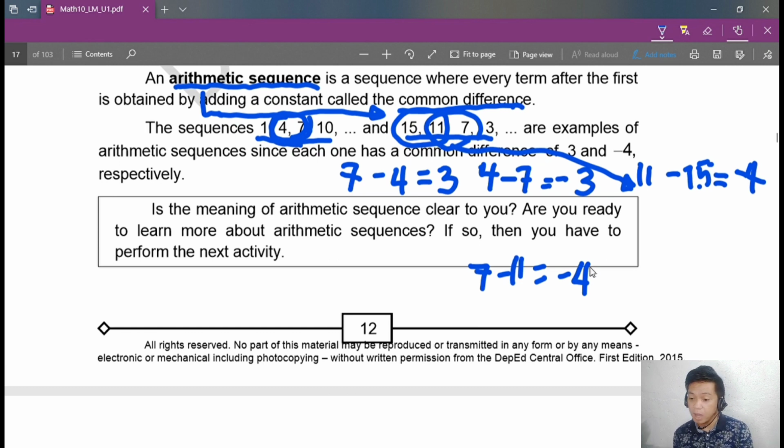So, from the word common, it is common to all two consecutive terms. Kung ang common difference ng first two terms is negative 4, that is applicable to all numbers sa difference ng two consecutive numbers. So, yun yung definition natin na arithmetic sequence.